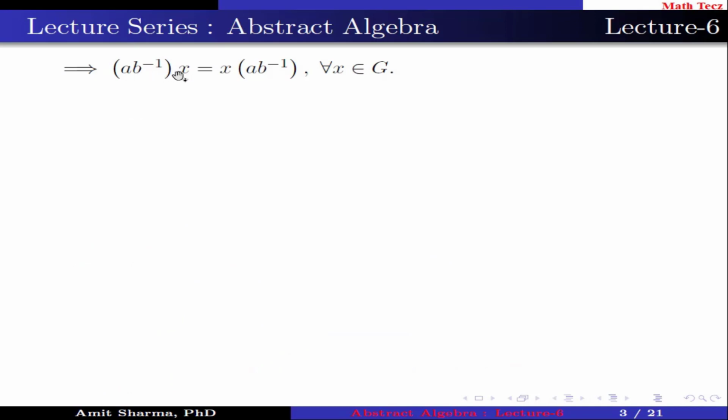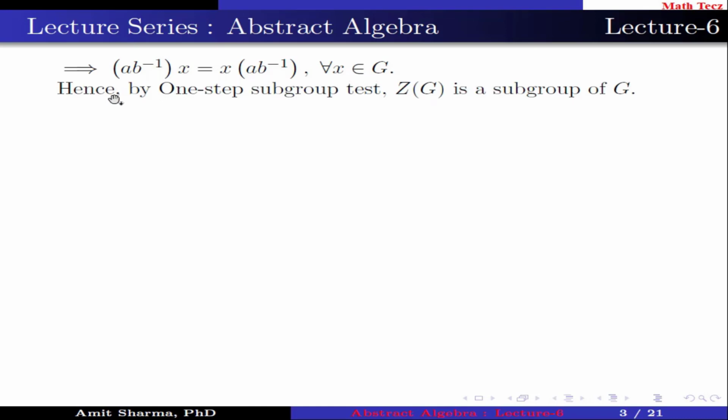This implies ab inverse x equals x ab inverse for all x belonging to G. Hence, by the one step subgroup test, the center of G is a subgroup of G.